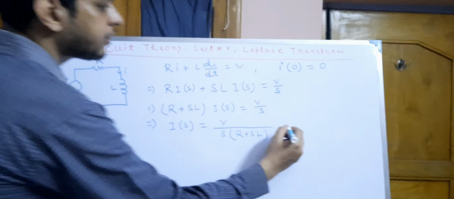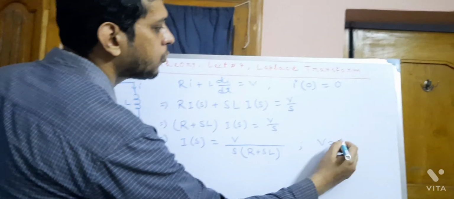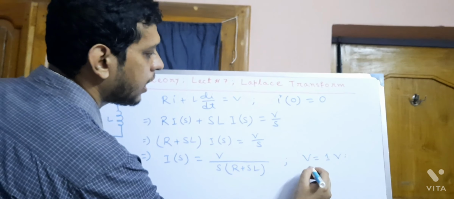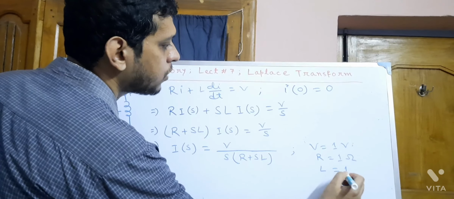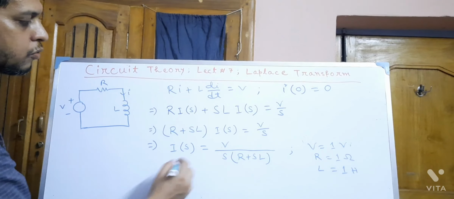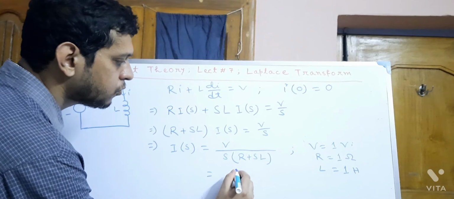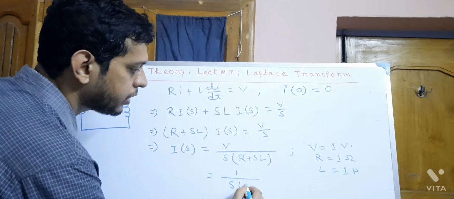Now let V equal to 1 volt, R equal to 1 ohm and L equal to 1 Henry. So Is will be equal to 1 by S into S plus 1.